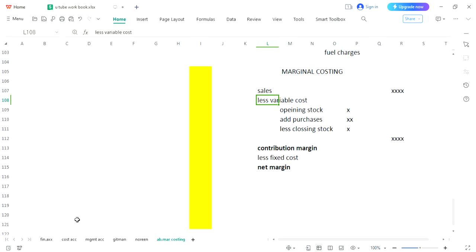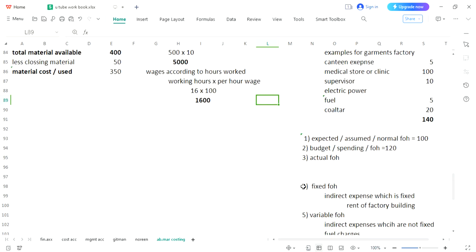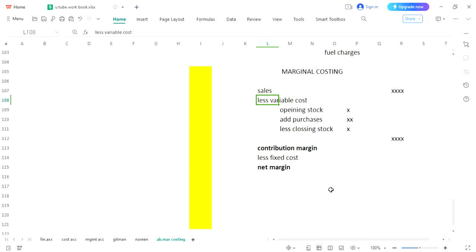This is so important because if you do not consider it, you will not be able to solve correctly. If you want to hear the variable concept again, rewind your lecture and look at what variable FH and fixed FH are. So in this way your total cost will arrive over here.